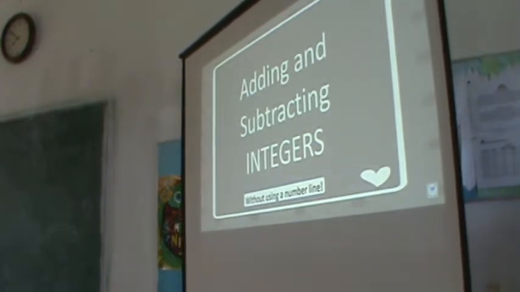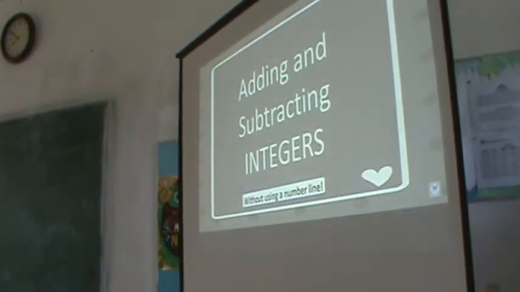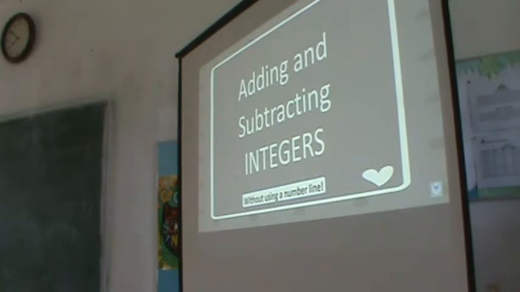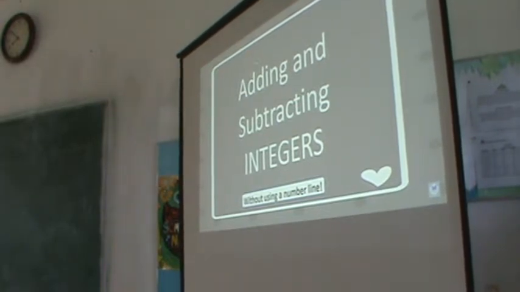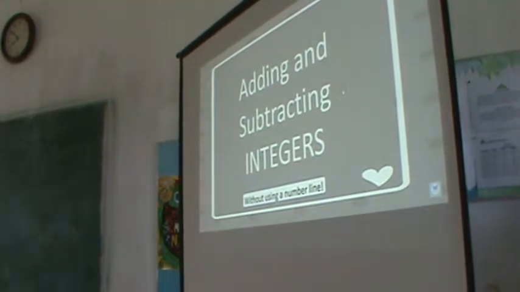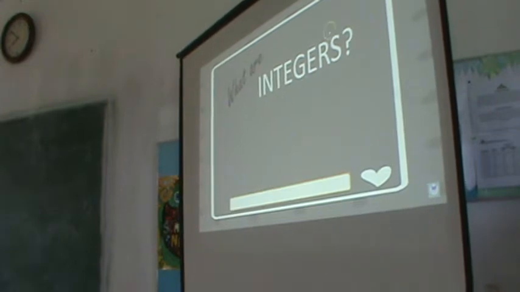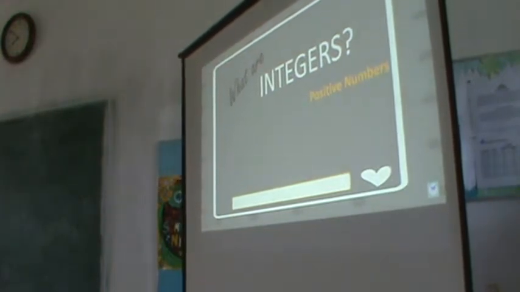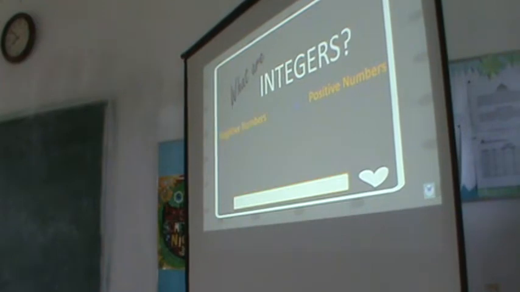I can show you the words that she used to describe the rules. You can't be going up the number line to the number 50 or 100, etc. So that's how I teach adding and subtracting integers, okay? Before we go on, let's just quickly revisit what integers are. Everyone should know at this stage that they include positive numbers, they include negative numbers, and obviously 0.